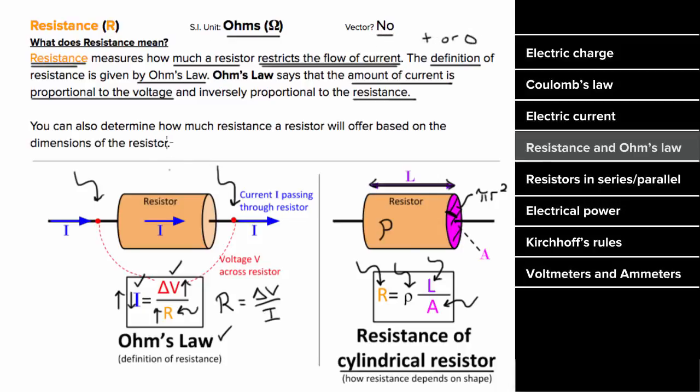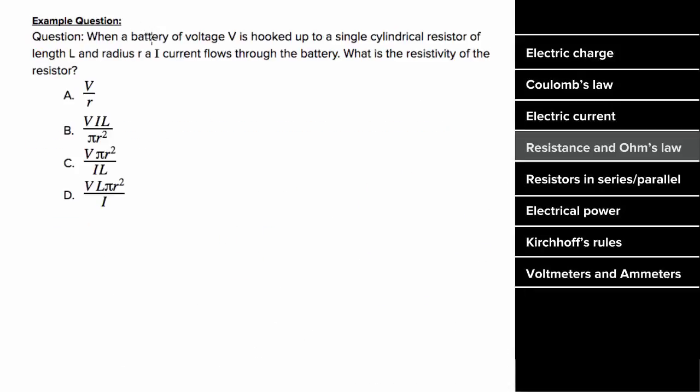So what does an example problem involving Ohm's law or the resistance of a cylindrical resistor look like? Let's say a battery of voltage V is hooked up to a single cylindrical resistor of length L and radius little r. And when that's done, a current I is flowing through the battery. What is the resistivity rho of that resistor? Well, we know Ohm's law states that the current that flows through a portion of a circuit will be equal to the voltage across that portion divided by the resistance of that portion.